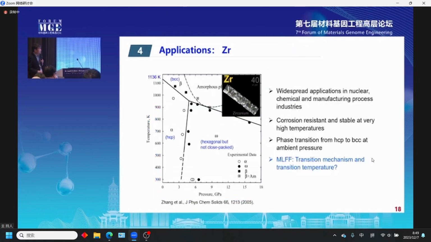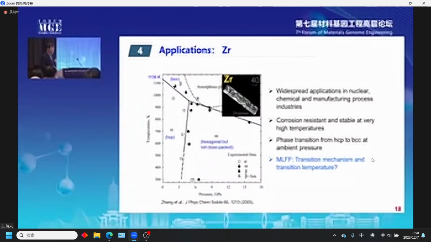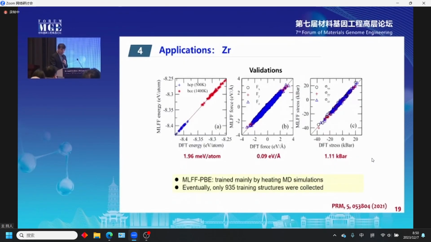Then we try the first case, zirconium. For example, at zero pressure, this pure metal has a phase transition from HCP to BCC at about 1,136 Kelvin. We use our potential, simulated with only 935 training structures, which is much fewer than the normal way.